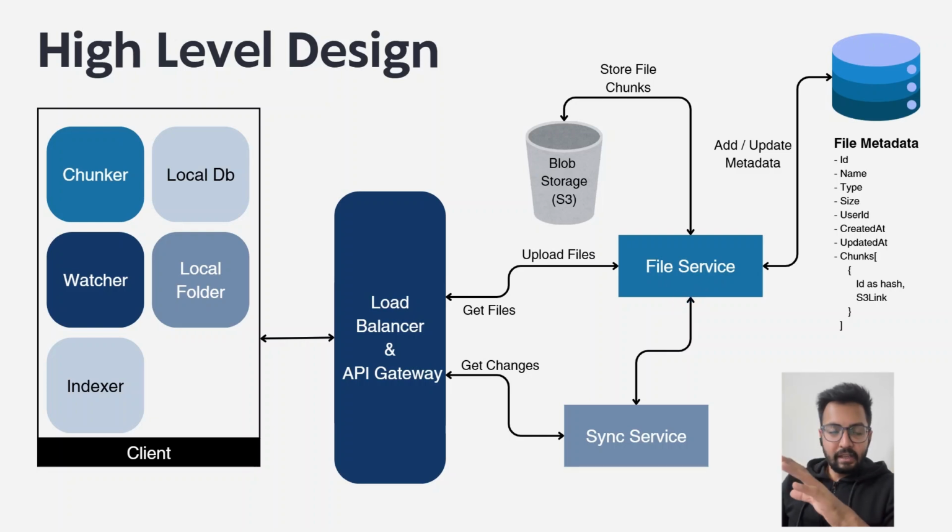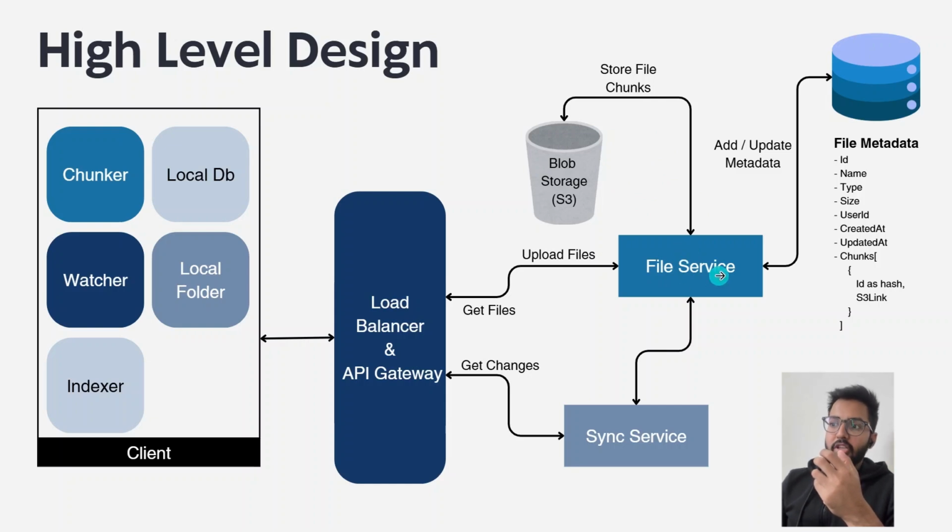So the file is uploaded. Now what if the user wants to download a file? When a user wants to download a file, the get files request would be made. The information of that particular file would be fetched from the file metadata, and through the file service, using the S3 link or the ID, the actual chunks would be fetched from the blob storage.